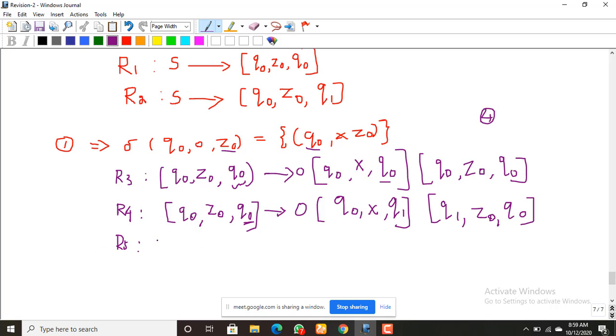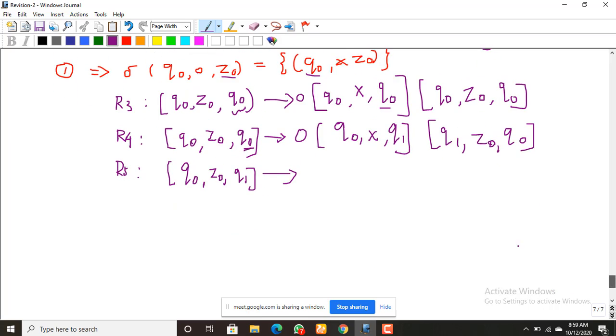What about rule number 5? Rule number 5 is about the cases that end with Q1, that is Q0, Z0, Q1. It starts with 0 only, then Q0, X, Q0. This is the case for Q0; it ends with Q0, so it starts with Q0. So Q0, Z0. Then it ends with Q1, so here also it ends with Q1.